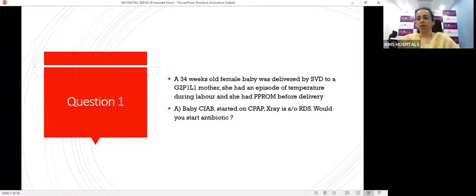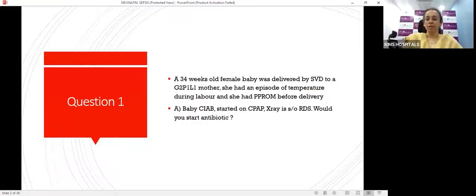Whenever we are attending the delivery of a baby or subsequently in NICU, we are always faced with the dilemma of diagnosing sepsis in the baby based on the various symptoms and the risk factors.